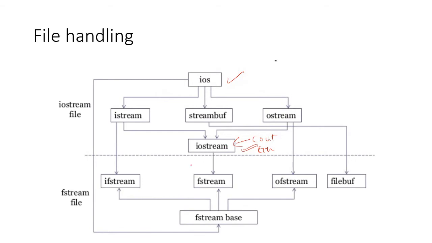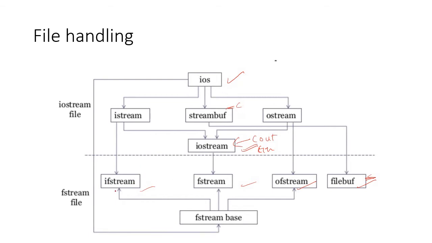Apart from this, the other classes which are also derived from this set of istream or ostream are the ifstream, fstream, ofstream, and filebuf. The filebuf is derived from the streambuf. So this is more or less a buffer for file based handling, while the other is for the cout or cin console based buffer handling.